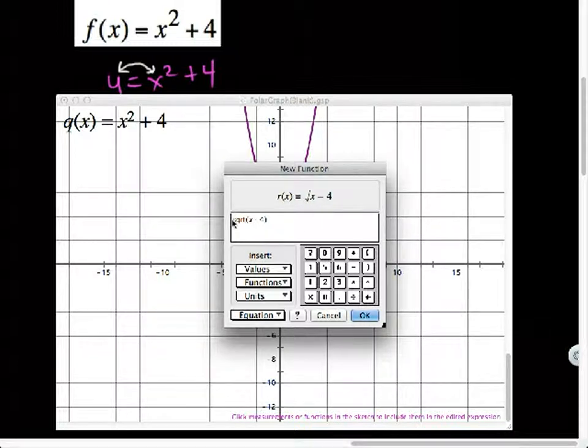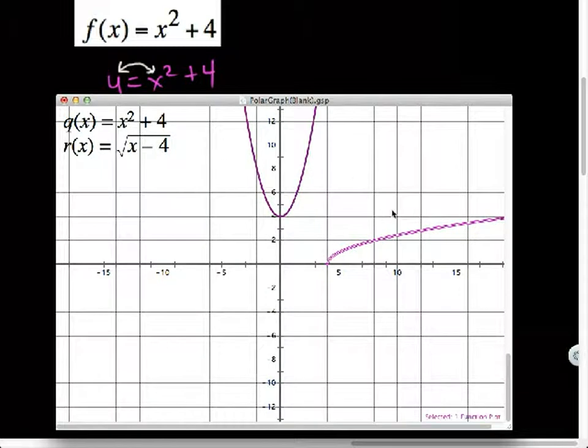And notice there's no plus or minus I could put in here. So when I graph this, it's only going to graph half of it, because the inverse will not be a function. It won't pass the vertical line test because it would be a relation. So the way math solves it on its own, graphically speaking, is it will graph just half of the parabola, which would pass the vertical line test.